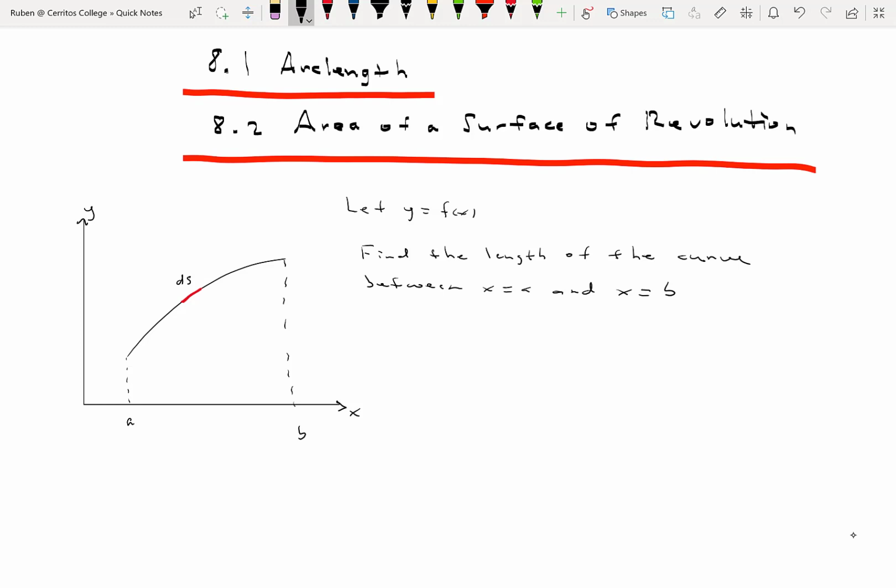So let's give that little arc length ds some dimensions. Let's imagine that ds is formed by observing an infinitely small change in x and another corresponding infinitely small change in y. The little figure we see looks almost like a right triangle, but it's not quite.